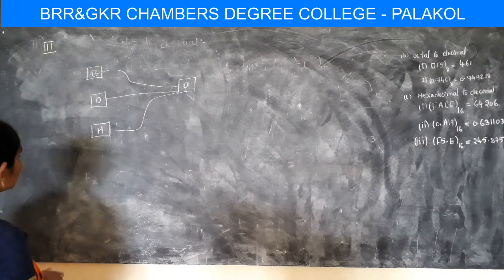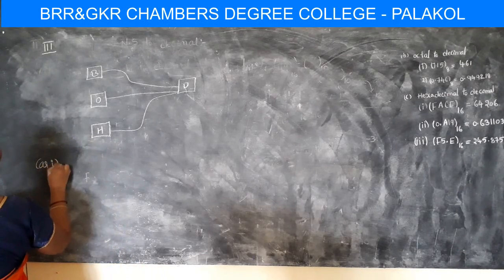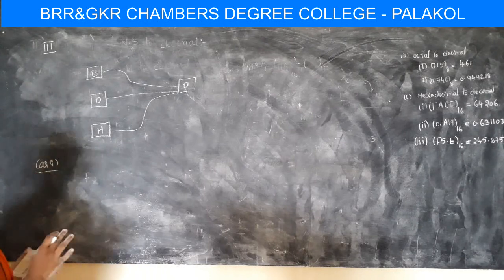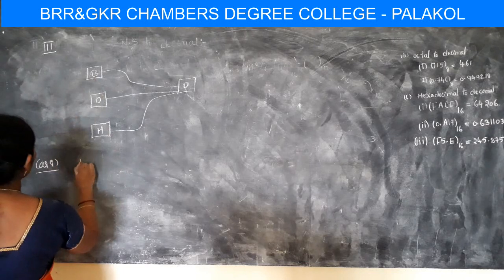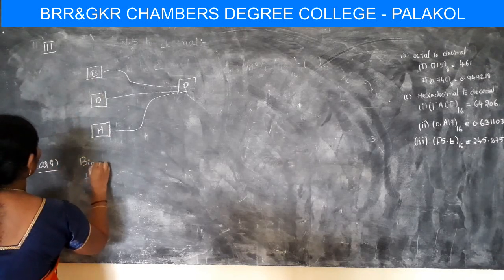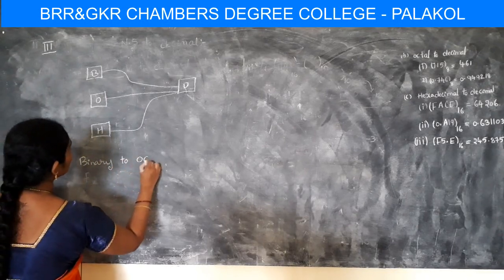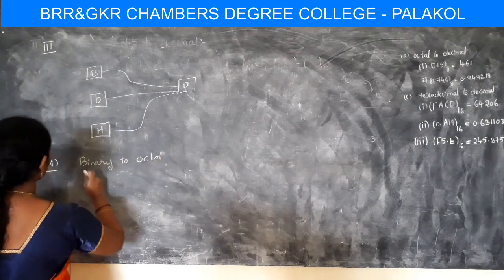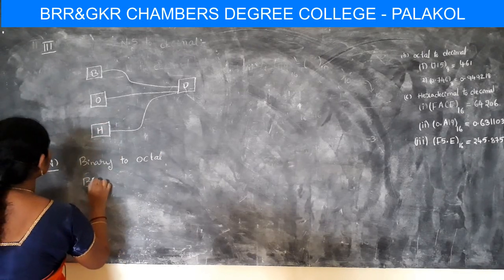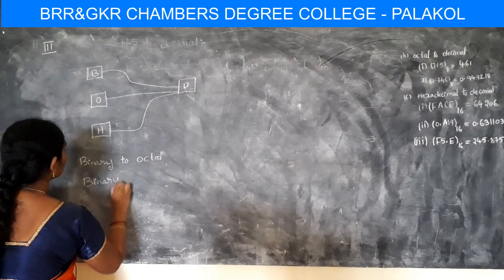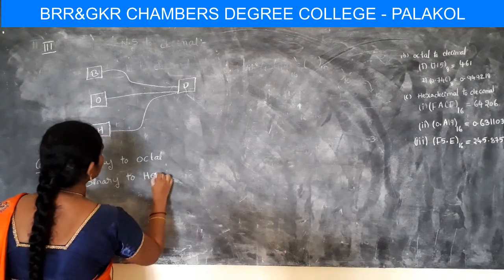The first case is binary to octal, and after that binary to hexadecimal.